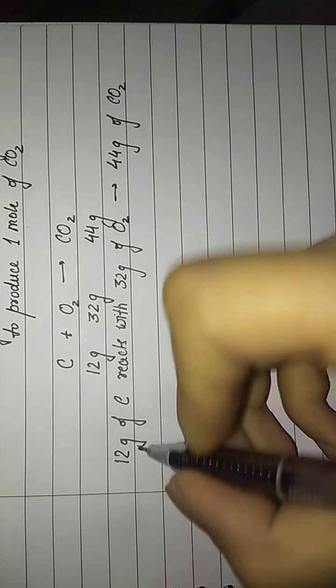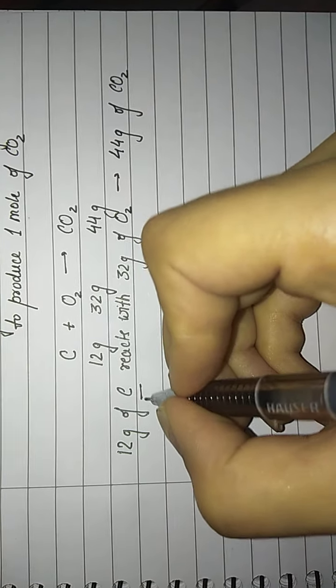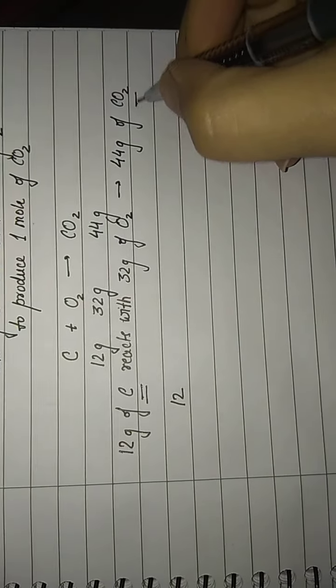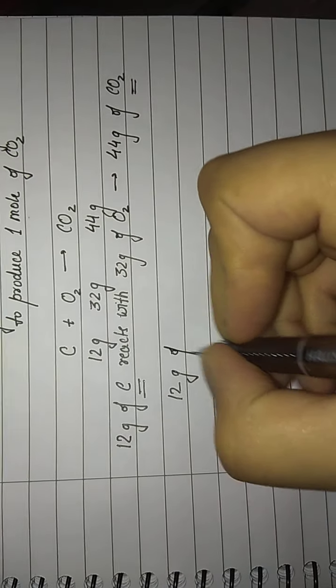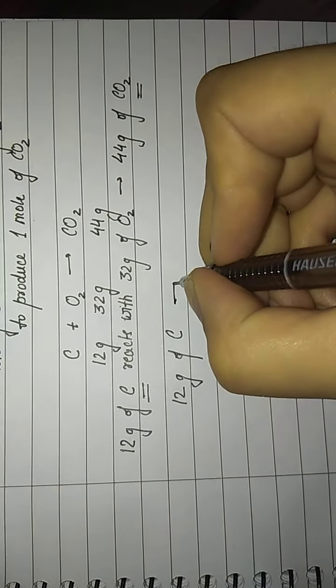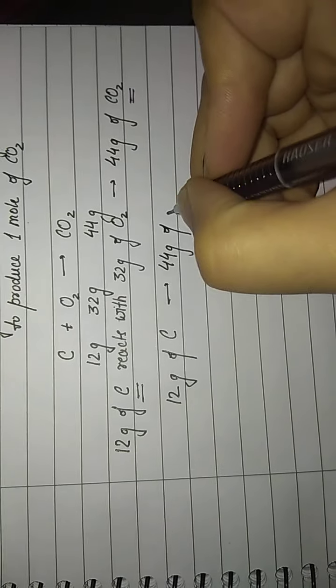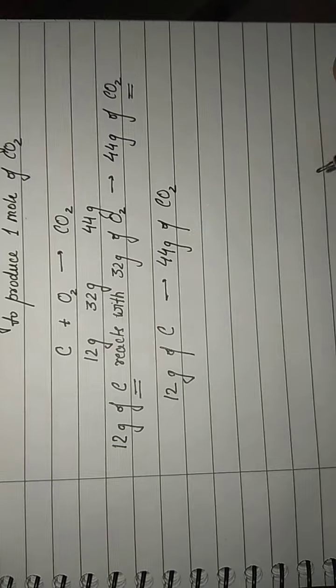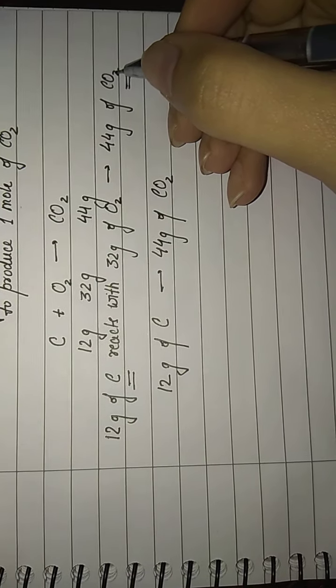Now, if I am only writing the relationship between carbon and carbon dioxide, I would write 12 gram of carbon produces 44 grams of carbon dioxide, right? 12 grams of carbon is producing 44 grams of carbon dioxide.